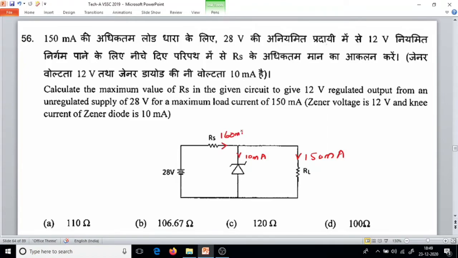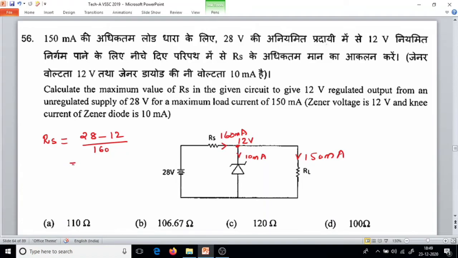160 milliamps should flow. What is the voltage at this point? That is 12 volt because it's a 12 volt zener. Now R, we can simply apply Ohm's law. V by I: 28 minus 12 divided by 160 milliamps.